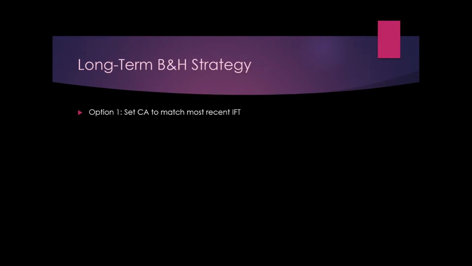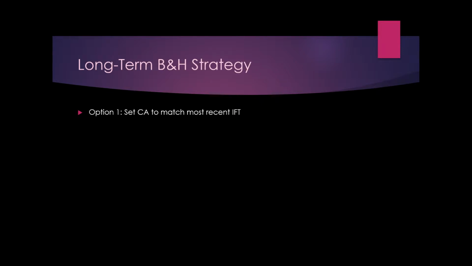Okay, so for the long-term buy and hold strategy, the first option, the person will normally set their contribution allocation to match the most recent IFT. So in Deb's case, her most recent IFT, or interfund transfer, was to 65C35S, or for those of you who might be newer and not understand what I meant by that, 65% in the C fund and 35% in the F fund is where she moved her existing money to.